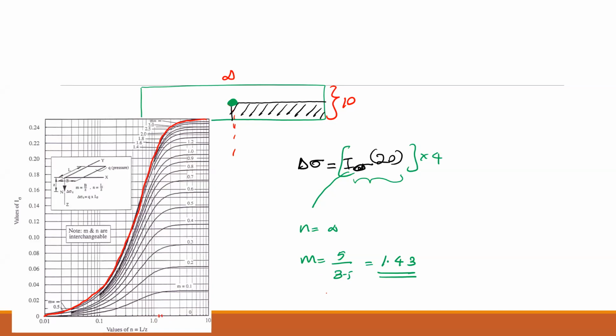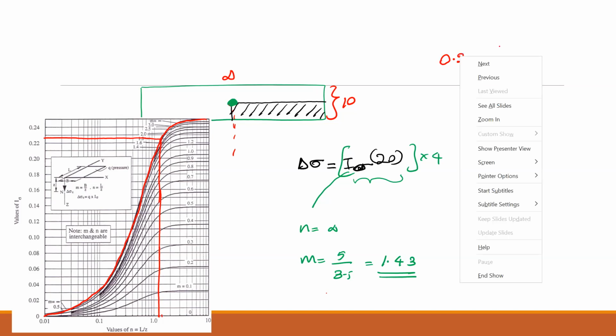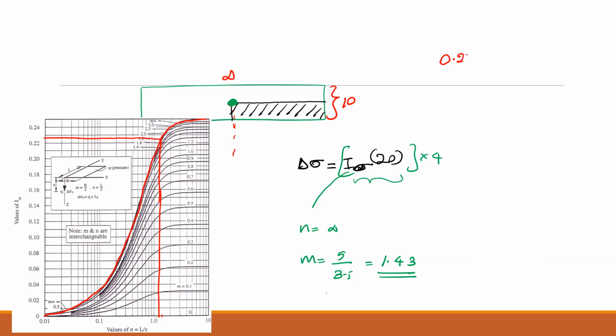Do you agree with me? Is that somewhere here? Yeah. All right. Maybe 0.23. This can be different, okay? So don't worry if you get different values, as long as you can show these values, that should be fine.